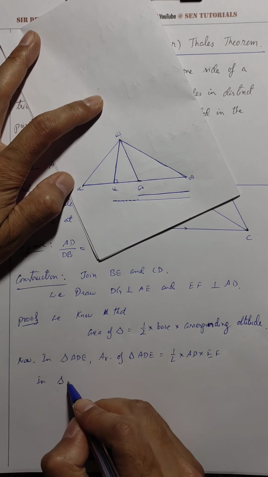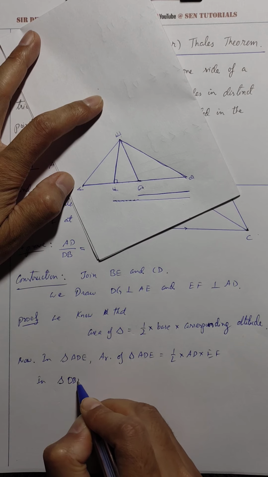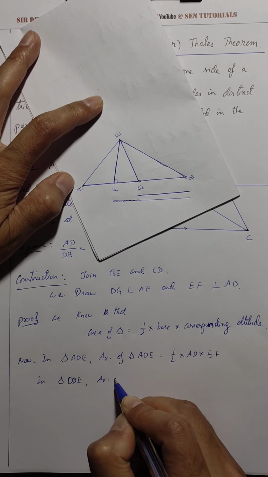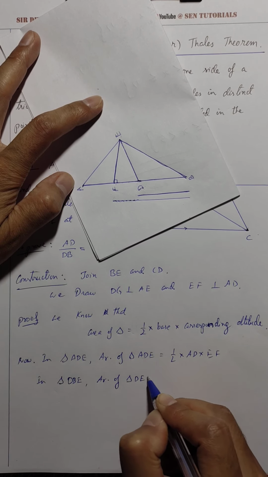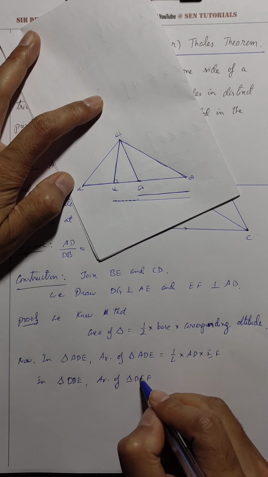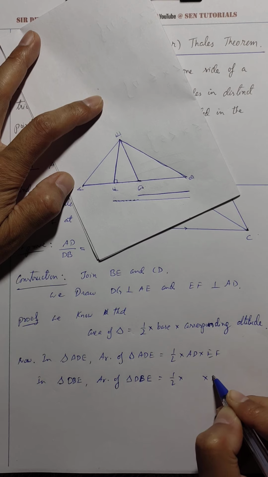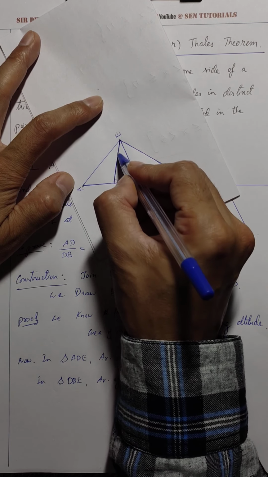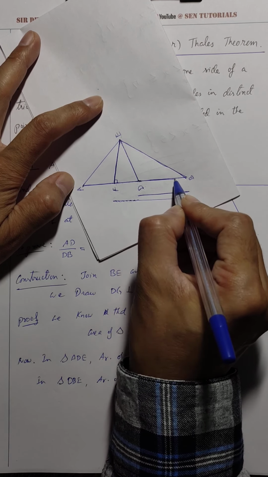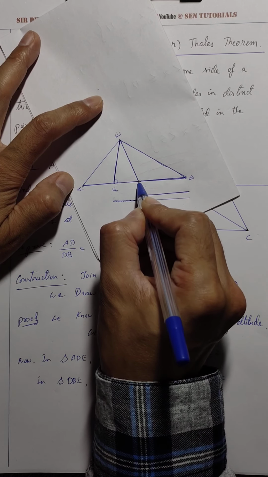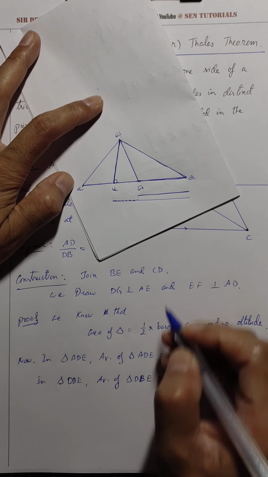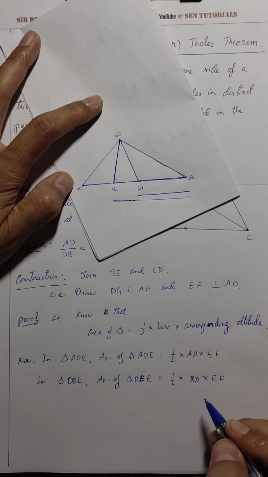So in triangle DBE, area of triangle DBE would be half into, what is the height we're considering? EF. EF is the height. This is the side on which the height is standing. We are going to just extend the side BD. So BD becomes the base.